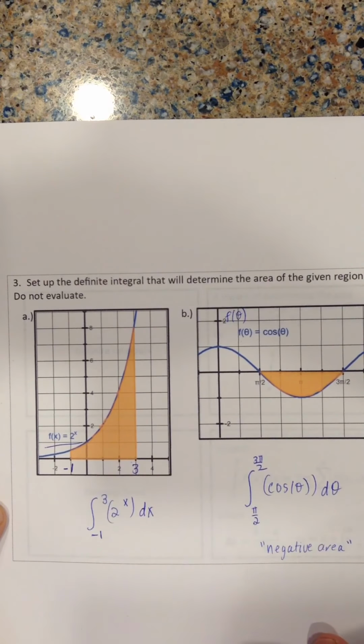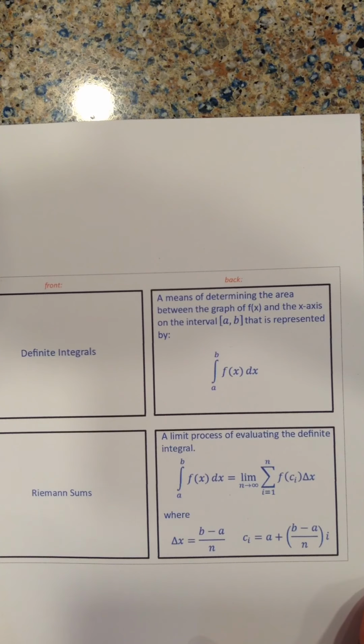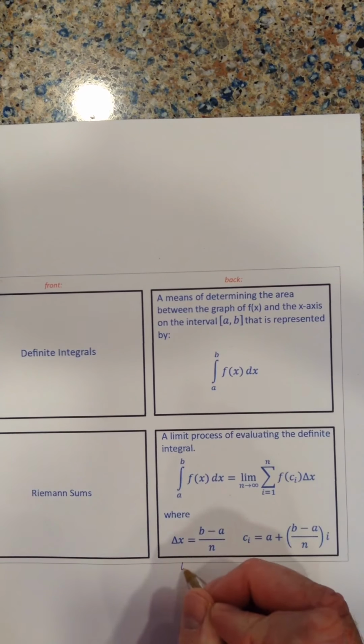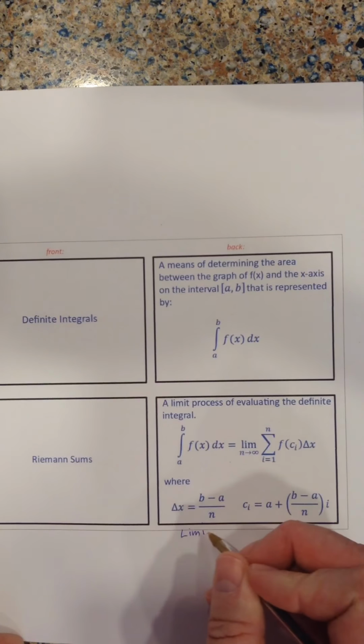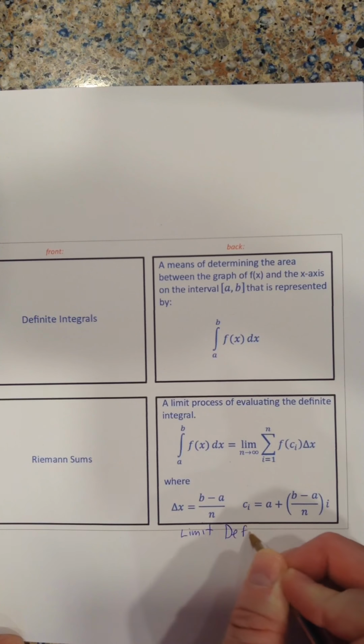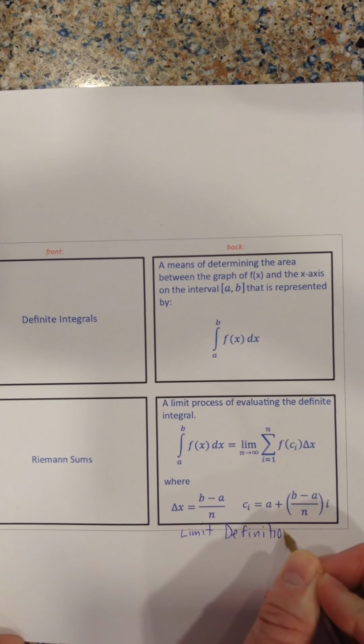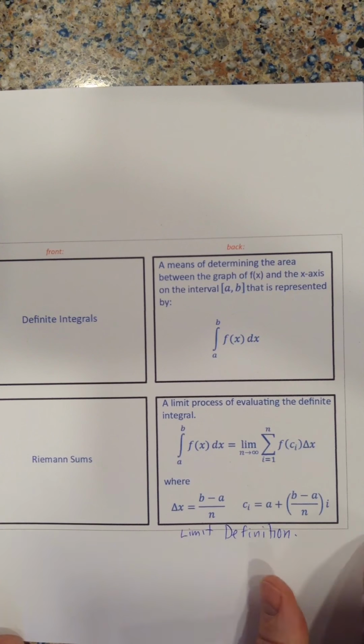And the definite integral is from a to b of f of x dx. And below I have something called a Riemann sum, which is basically the limit definition of an integral.